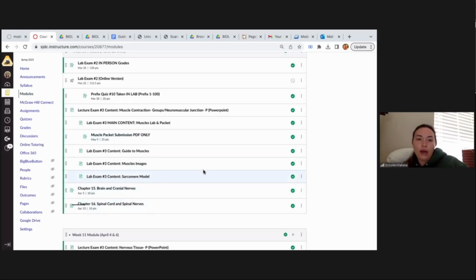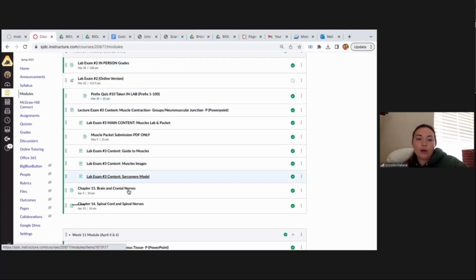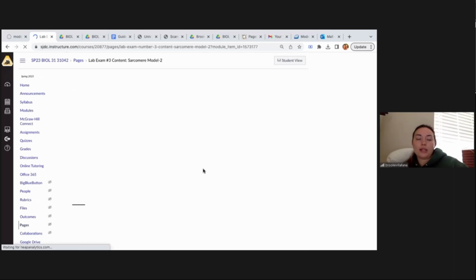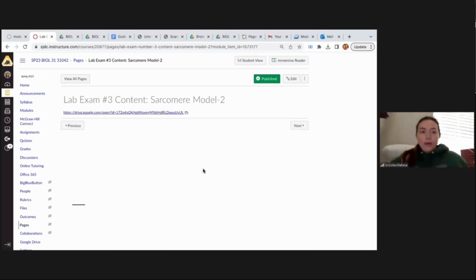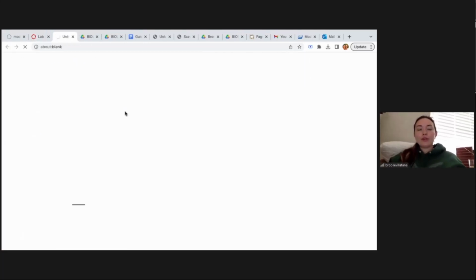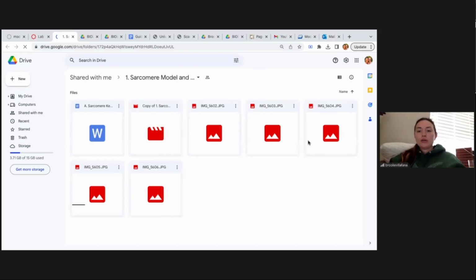I'm thinking maybe I'll go over this sarcomere model because that's something you guys will see in person. And then after we go over the model, maybe we should do an outline for the chapter, because I don't really have anything else to do.